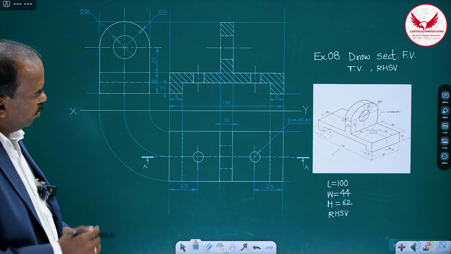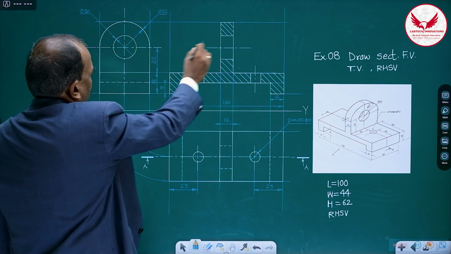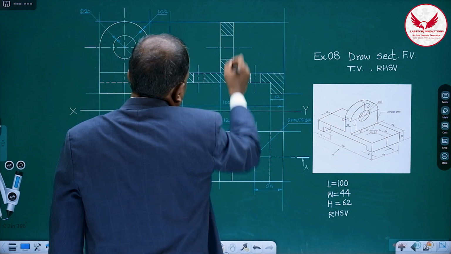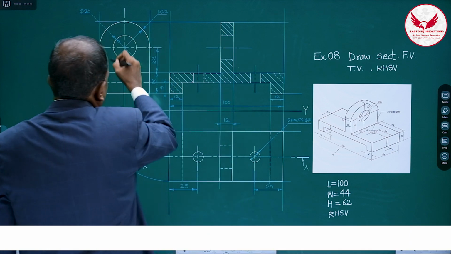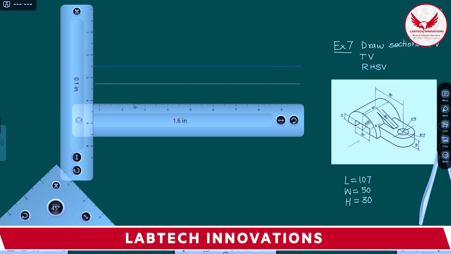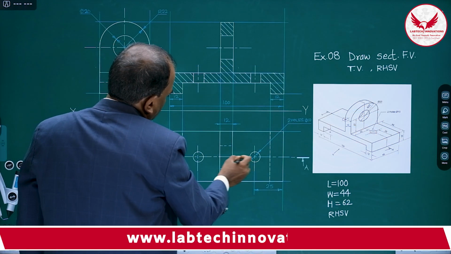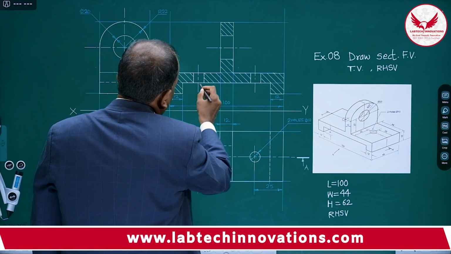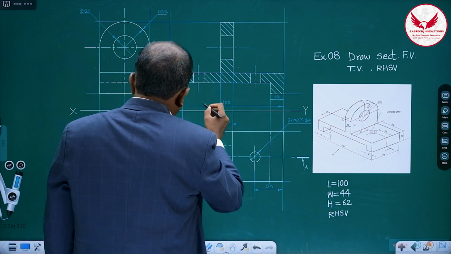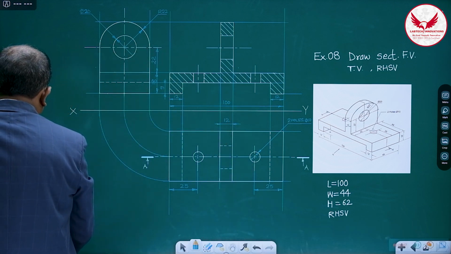At the end, you can check also: semi-cylinder, circle in the side view, rectangle in the front view and in the top view. This whole circle in the side view, a rectangle in the front view. At the same time, the rectangle in the top view. These two holes are there in the top view. In the front view, these two holes. And now see how this checking helps us. So what was remaining?